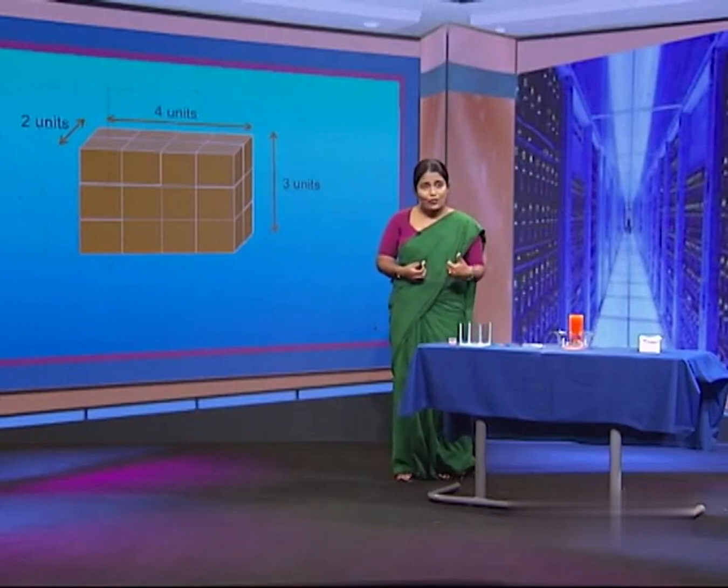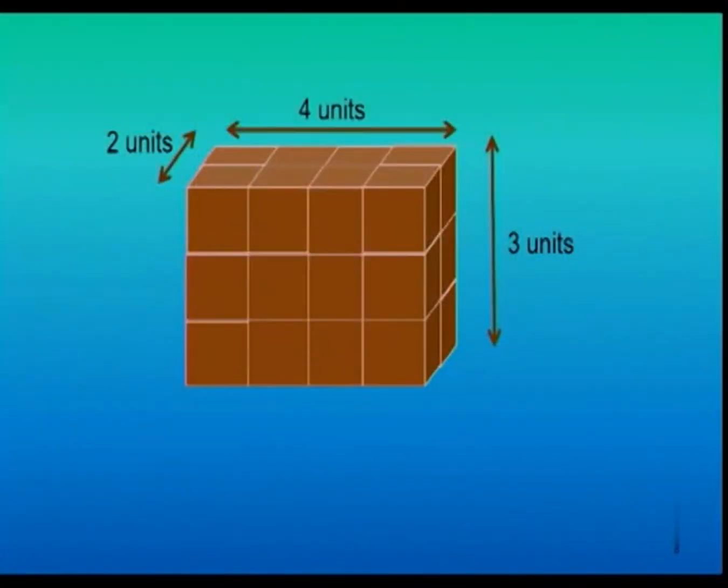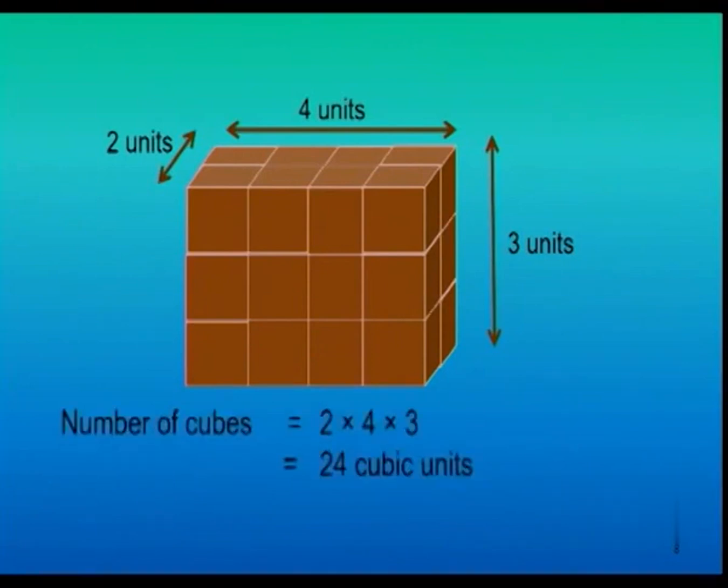2 times 4 times 3 is equal to 24. What are these 2, 4 and 3? Yes, 2 is the breadth of this cuboid, 4 is the length of this cuboid, and 3 is the height of the cuboid.